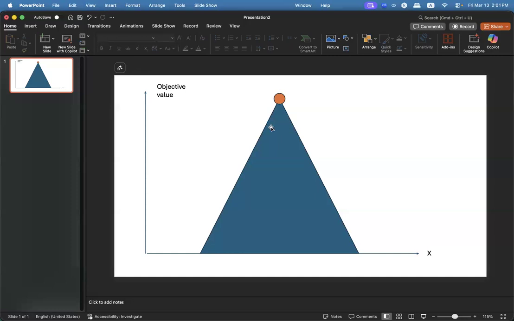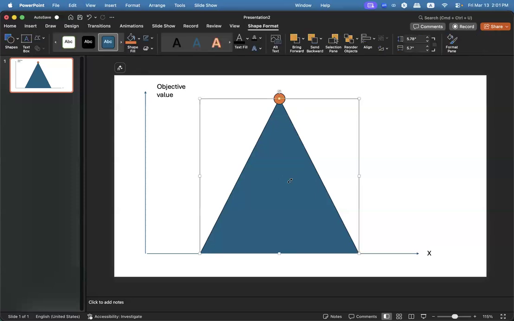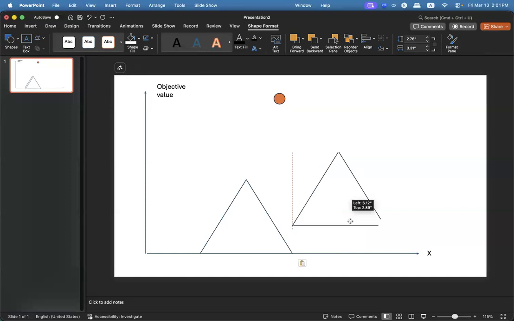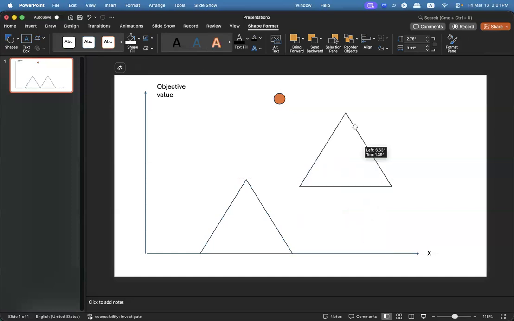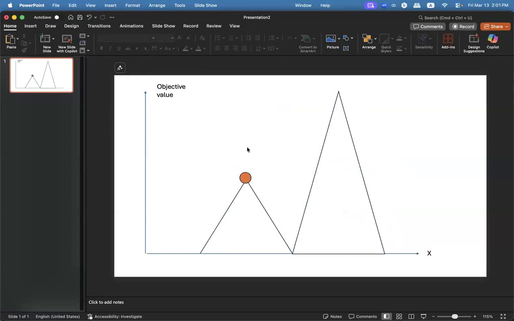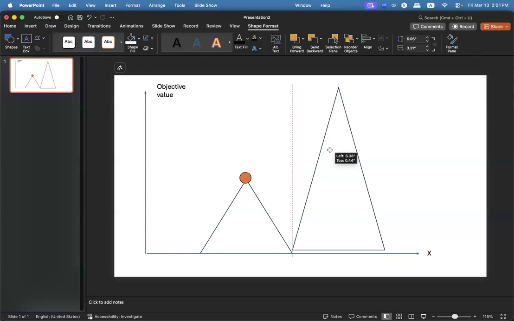But this algorithm, although it is simple, has a major issue. So let's talk about this. Now imagine, my drawing is bad, but you get the idea.